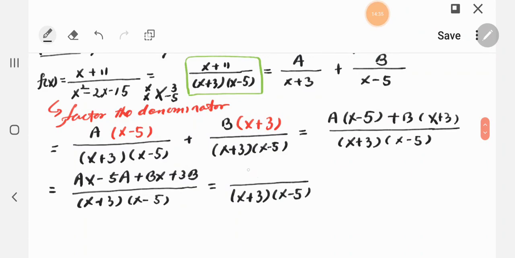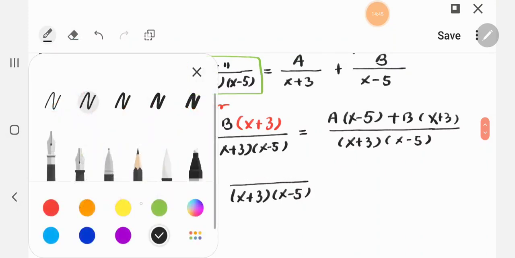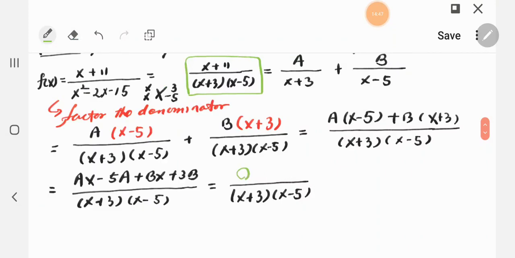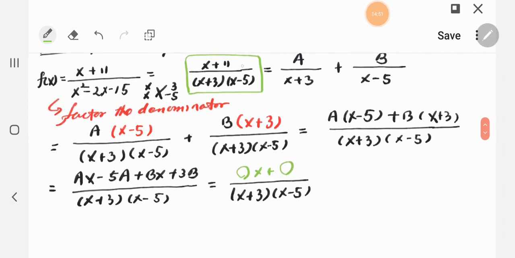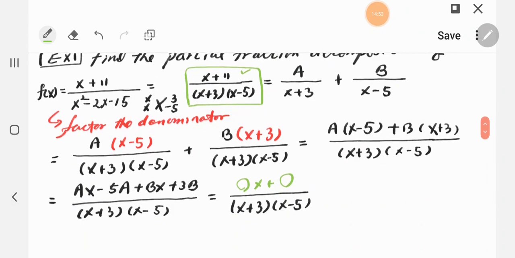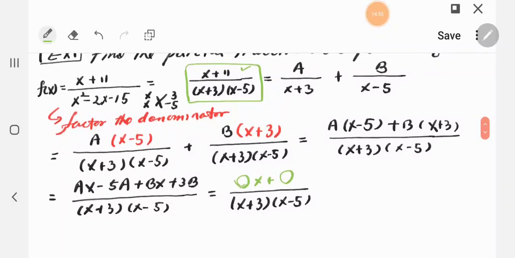If we have something here like a something x plus something, then when we compare this with this numerator, x plus 11, this should be 1, and this should be 11.